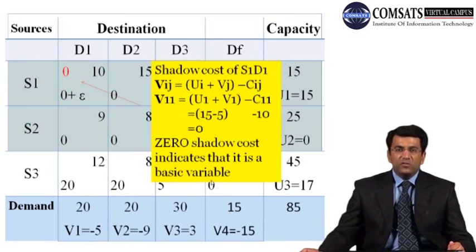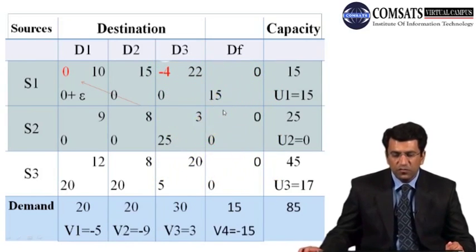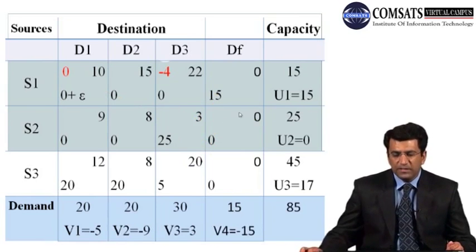You must remember that I told you that generally we do not calculate the shadow cost for the basic variables, because we have taken into account the absolute value in this case. Because this particular cell S1D1 is our basic variable or basic cell, the shadow cost for this particular cell will be equal to 0. Let's calculate the shadow cost for our unoccupied cells.